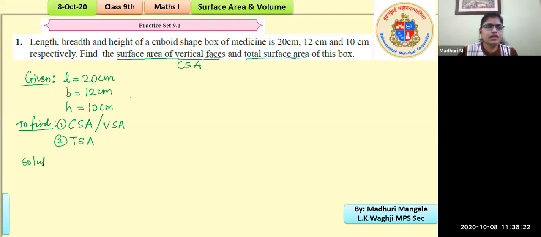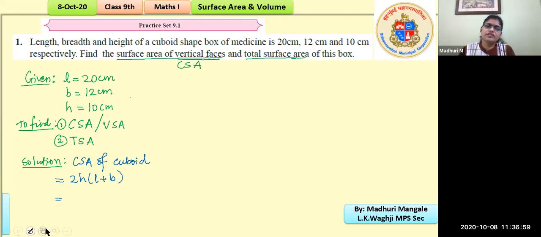With that, let us start with the solution. We start with the first one, that is to find the surface area of vertical faces, which is the curved surface area. So what is the formula for the curved surface area of a cuboid? That is equal to twice of h times L plus B. We are simply going to substitute the values and then do the calculations.